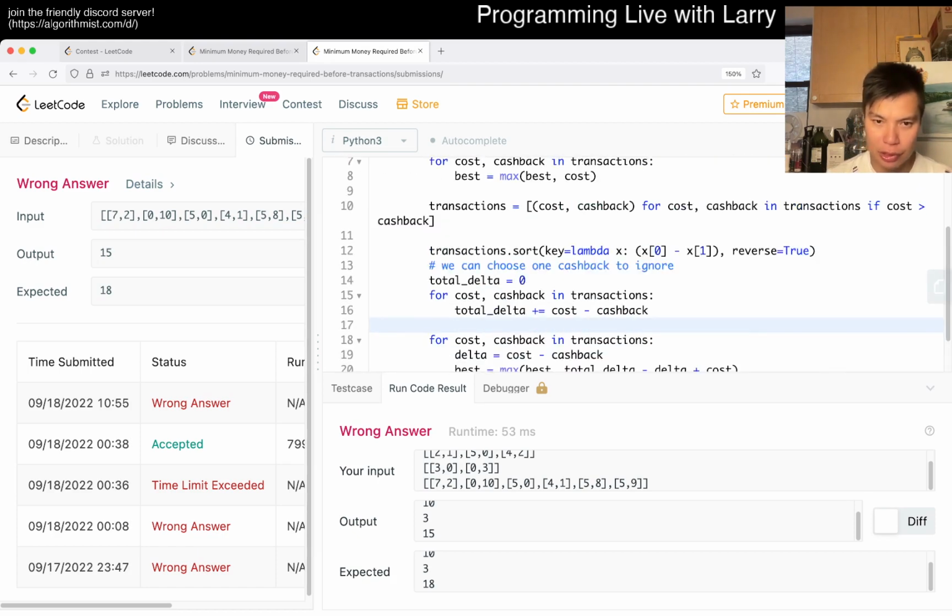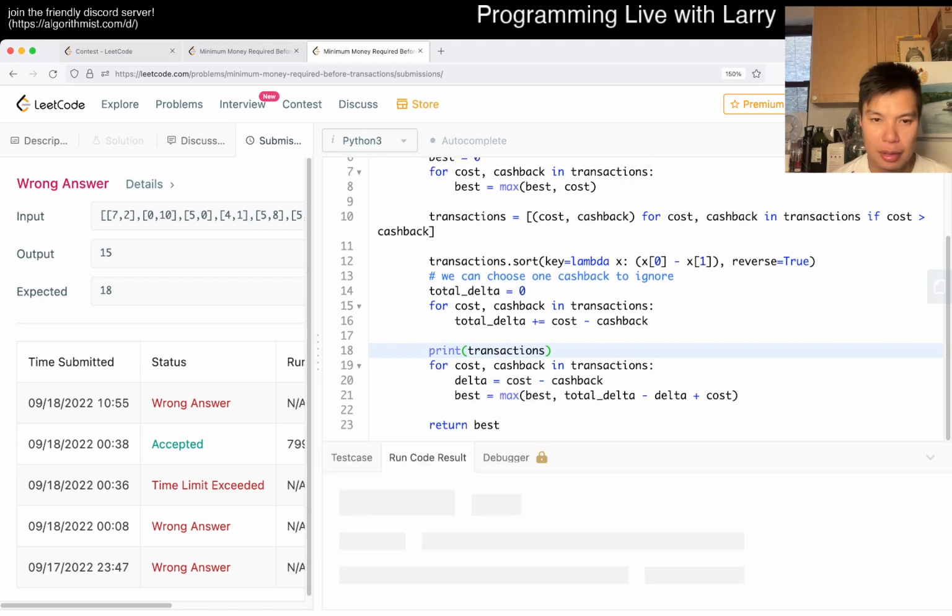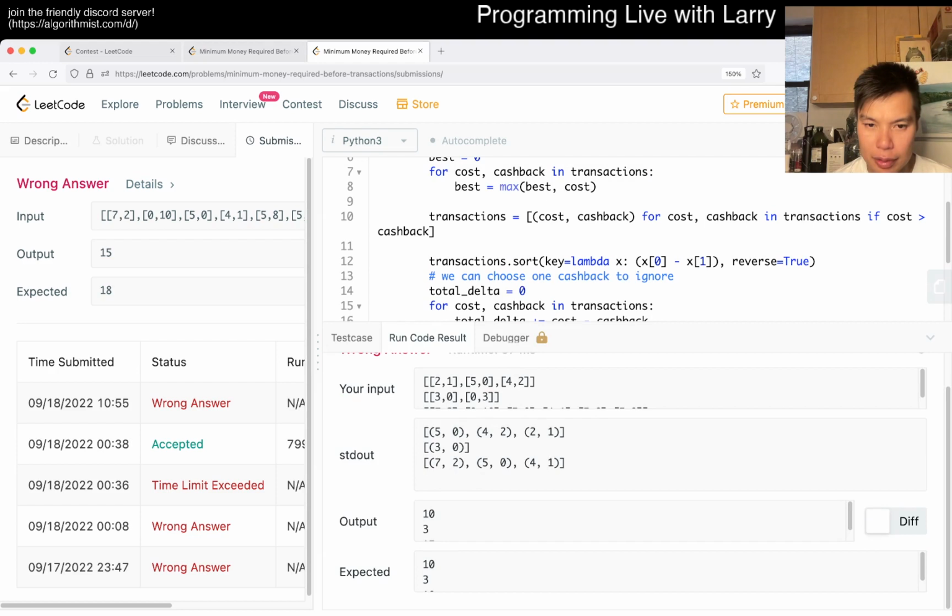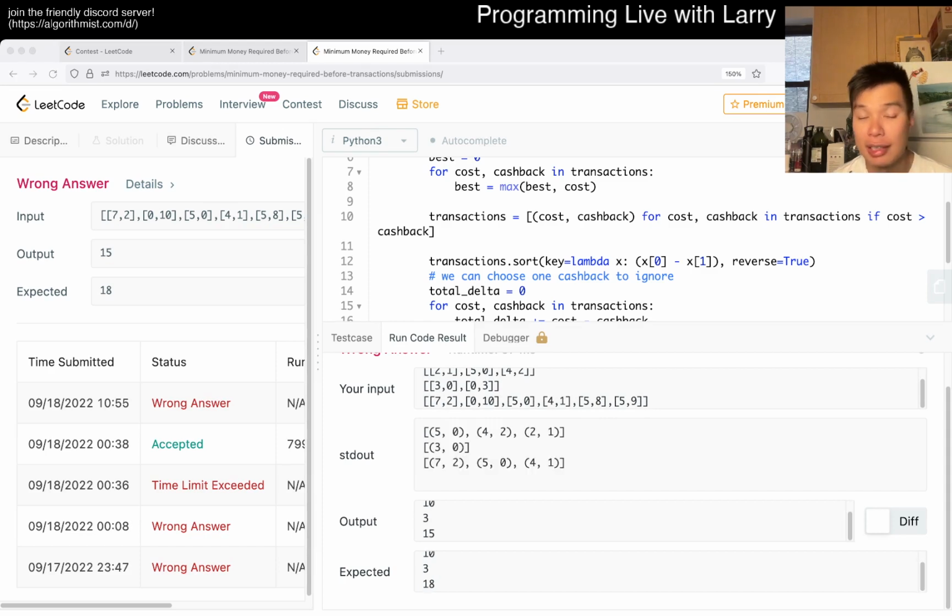All right, let's print out the transaction for debugging. Okay, so these are the only ones that we care about. And here, luckily, we have an easy thing to work out.